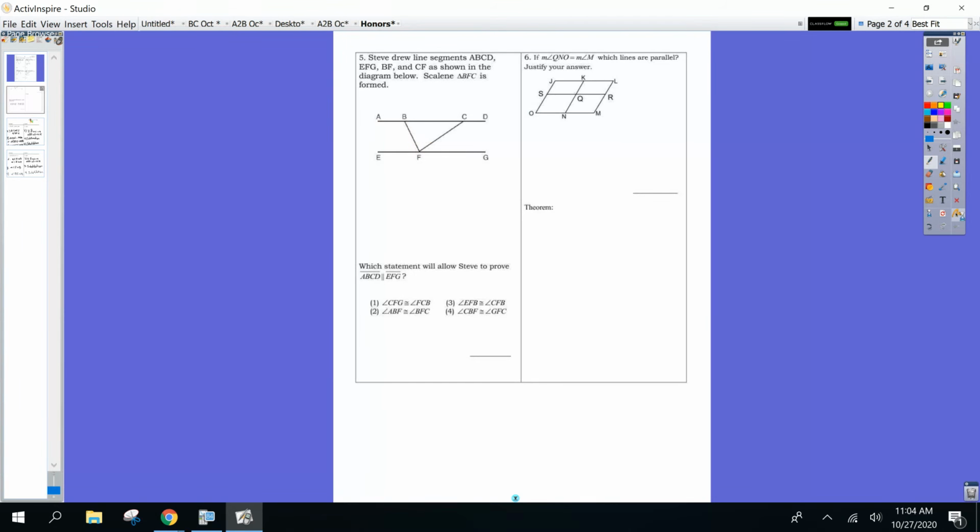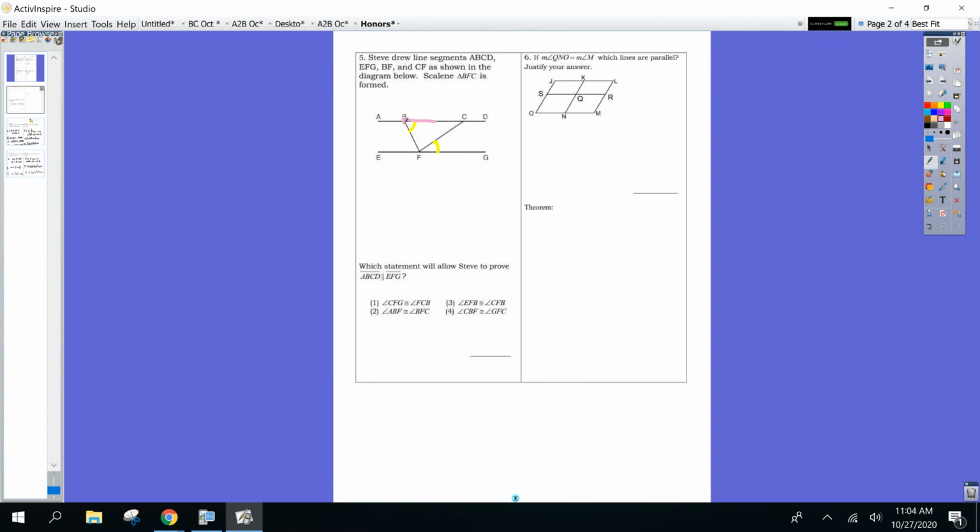All right, next up, choice 3 said EFB and CFB. I don't know what to tell you on that one. I don't even know what those are. And then choice 4, CBF with GFC. I'm not too sure if you guys thought they were corresponding, but ready?